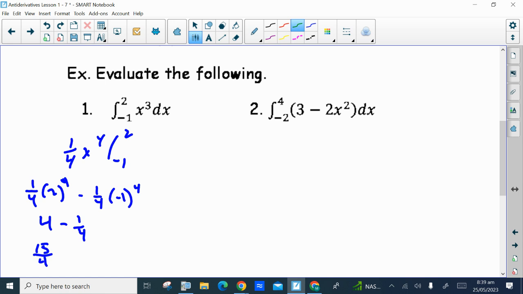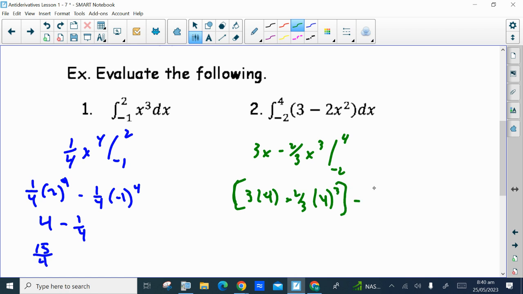Number 2. Again, we'll find the antiderivative. It'll be 3x minus 2/3 x cubed that we'll evaluate from -2 to 4. So we first find out what the value of this is when x equals 4. So it'll be 3 times 4 minus 2/3 times 4 cubed. And we subtract the value when x is -2.